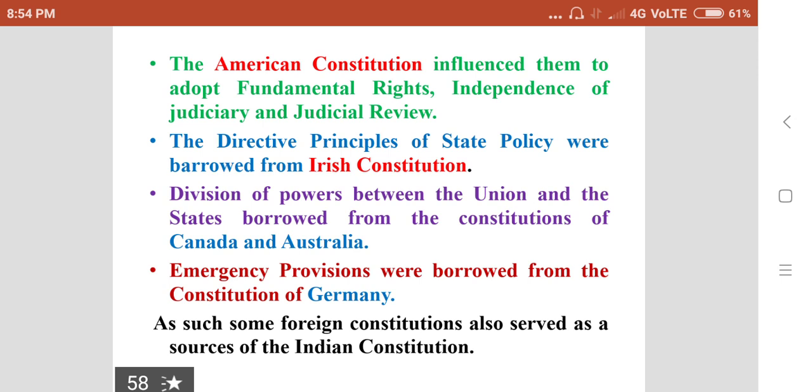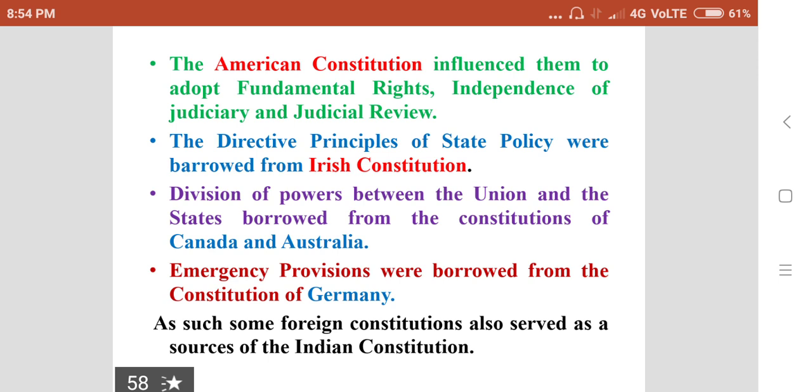Then the American Constitution influenced them to adopt fundamental rights, independence of judiciary, and judicial review. Fundamental rights is one of the features of our constitution, and also judicial independence and judicial review. So these are the important aspects of the American Constitution which are incorporated in our Constitution.